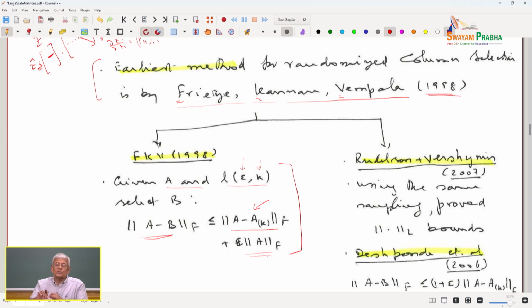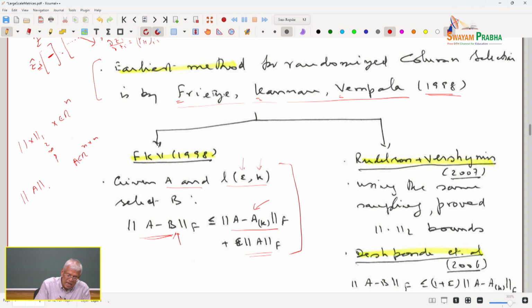They showed that using the importance sampling based on the square of the length, I can achieve an approximation whose error is bounded by the sum of two errors. And this error is given in Frobenius norm. So just like I have norms of vectors, which are 1 norm, 2 norm, infinity norm, p norm, where x is a vector, there are also norms of A, which is a matrix.